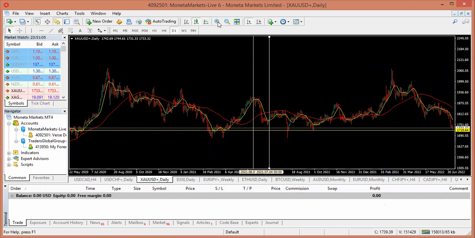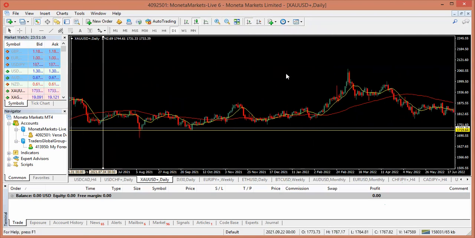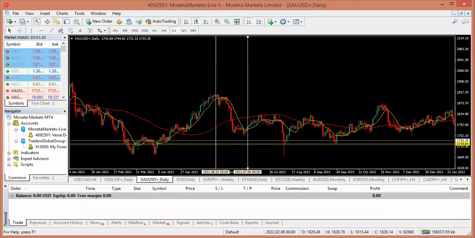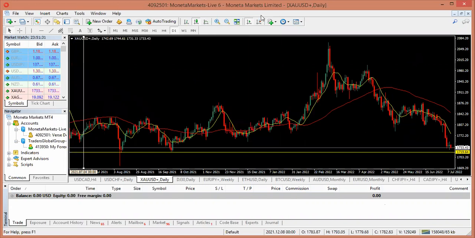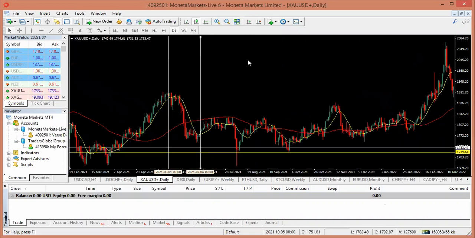Good. So within this space, in between this white space, price wasn't really ranging.